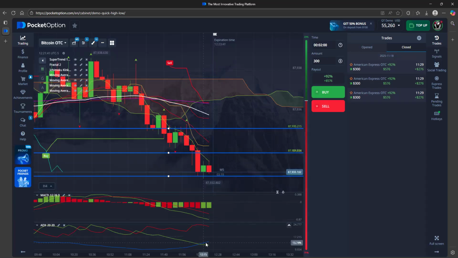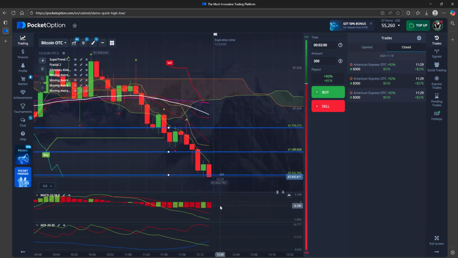And I can't get price to get established on one movement or another only because the ADX is not above 20. Now, some people would take this trade if it pops below here, right?